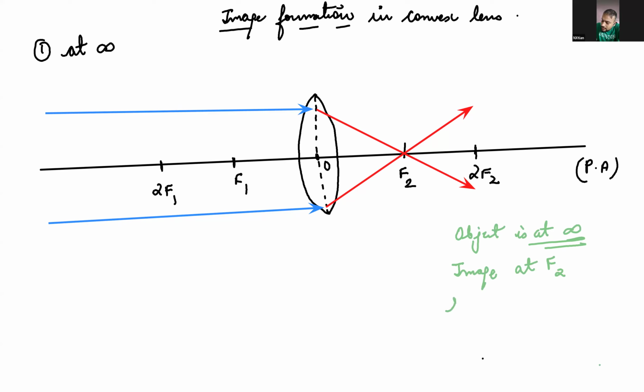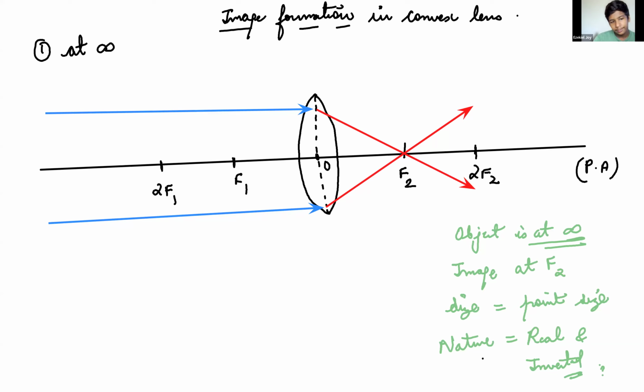Now, what is the size? Point size. And what is the nature of the image? Real and inverted. Understood, Ezekiel? Very good.